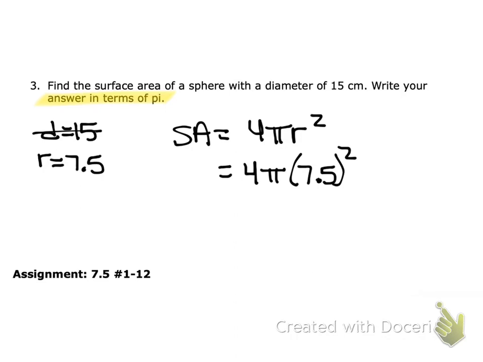So what we're going to do is we're going to do the 7.5 squared and multiply by 4. That would be 225 pi centimeters squared. And that would be your final answer if you're asked to leave it in terms of pi. Any questions on 7.5?